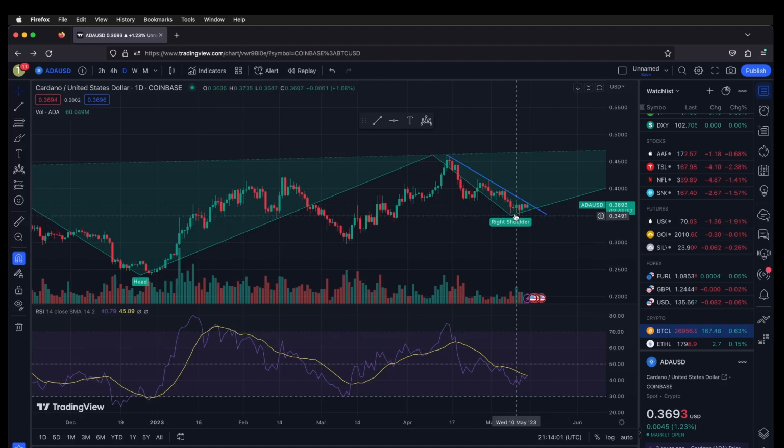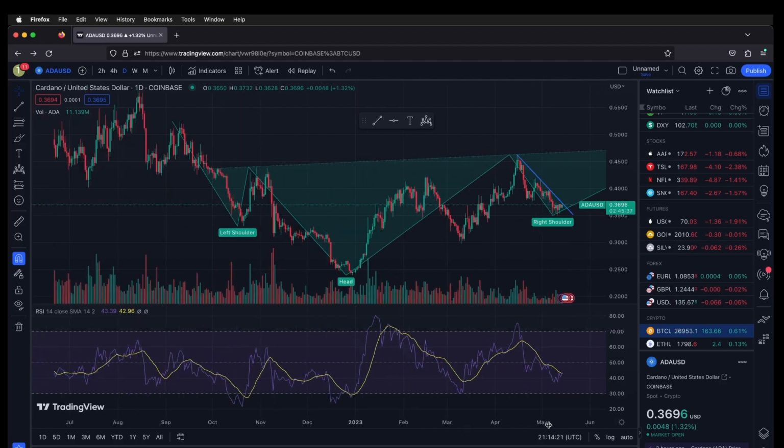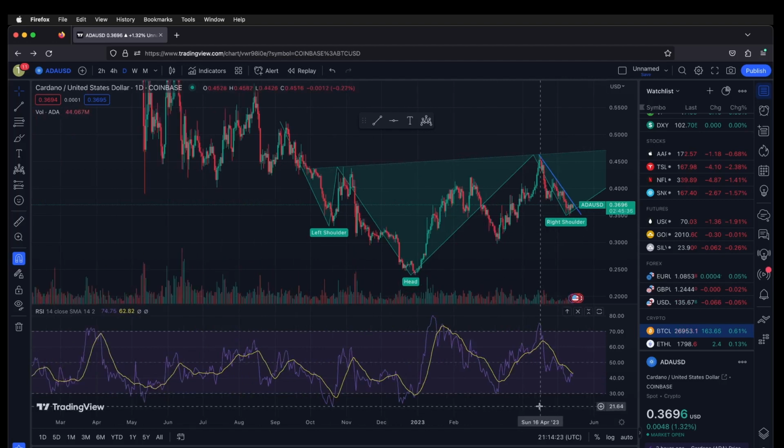We have a spinning top, we have some hammers, just a lot of indecision at the bottom here, which means that price wants to go up, but there's still pressure to go down. There's still a lot of selling pressure. So this is what the Cardano chart looks like for this week.